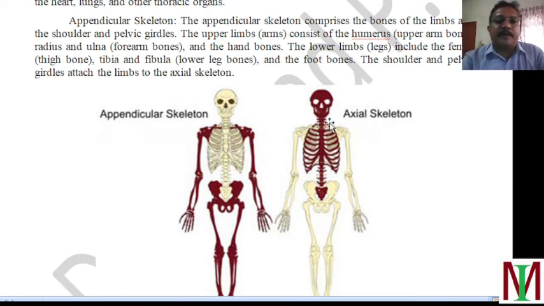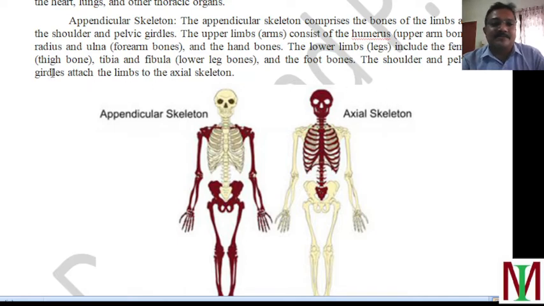The appendicular skeleton is the remaining skeletal part, covering arms, upper arm bones, forearm bones, and legs. That is very easy to understand. The upper limbs have the humerus, radius and ulna, and hand bones.